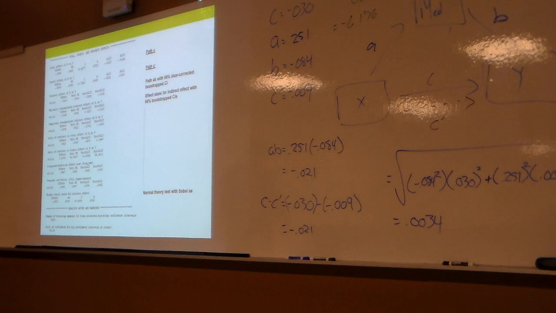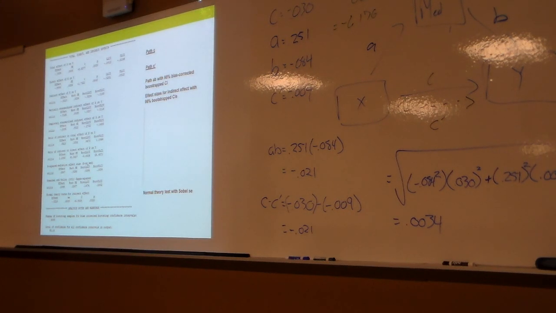But what process is doing is giving you a bootstrapped confidence interval for this indirect effect. After it's gone through and run 5,000 bootstrap replications, each one calculating a B path, it's created a confidence interval based on that empirical distribution, giving you a lower limit and an upper limit of a 95% confidence interval, where my lower limit for my AB path is negative 0.028, upper limit negative 0.015.